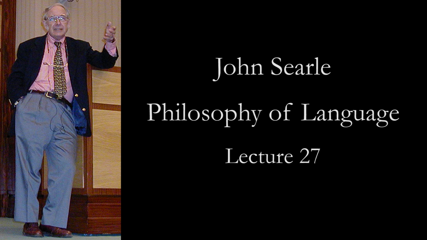So if I say Benjamin Franklin is identical with the inventor of bifocals, the left-hand side, Benjamin Franklin, is a rigid designator. That refers to the same entity in all possible circumstances. But the inventor of bifocals is not a rigid designator. That could refer to different people in different circumstances, because it's easy to imagine a world in which somebody else invented bifocals, in which Thomas Jefferson invented bifocals.